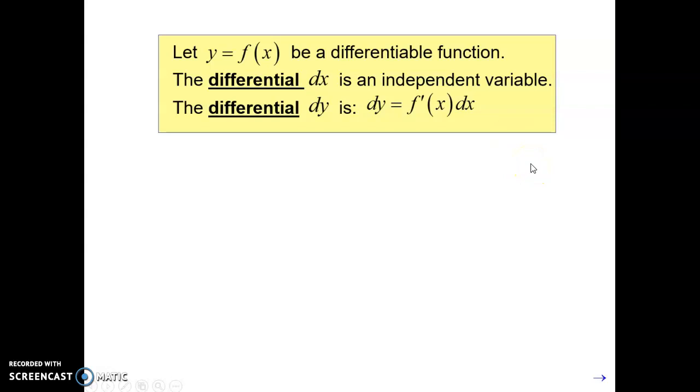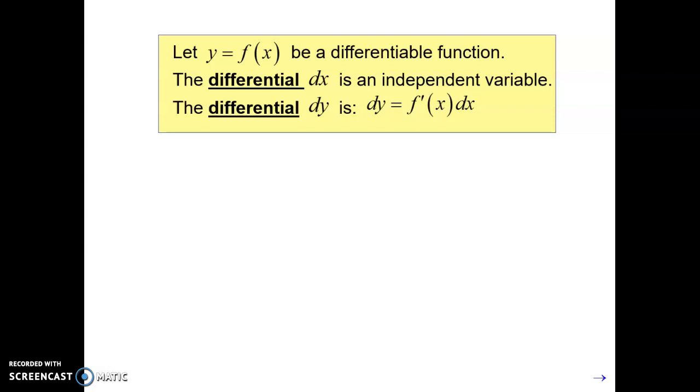So if I said to you, let y equals f of x be a differentiable function, then the differential dx is considered the independent variable, and the differential dy is defined as dy equals the derivative of the f function with respect to x multiplied by dx.